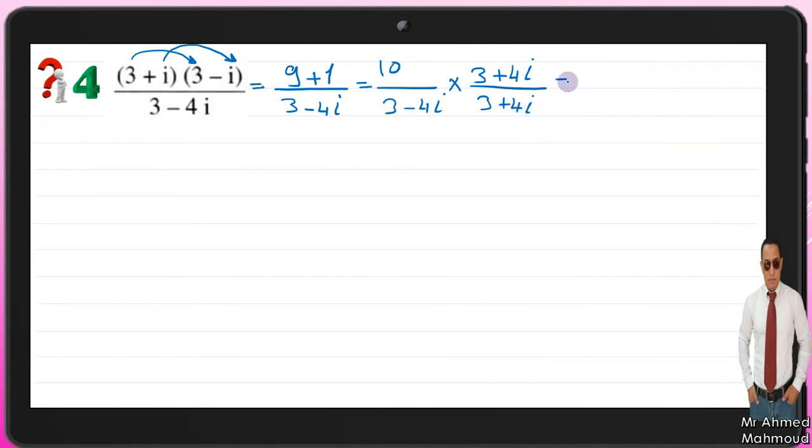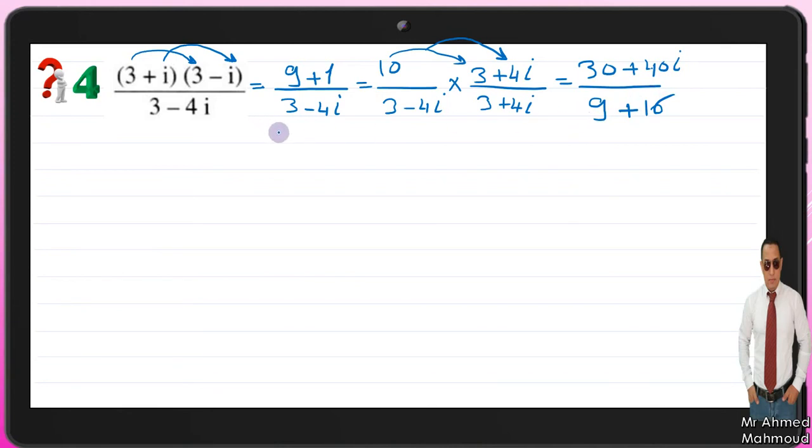Okay, it will be 3 times 3 equals 9. Negative 4i times positive 4i equals 4 times 4 equals 16, equals negative 16 times i power of 2. I power of 2 changes the sign, it will be plus 16. And here 10 times 3 equals 30, and 10 times 4i equals positive 40i.